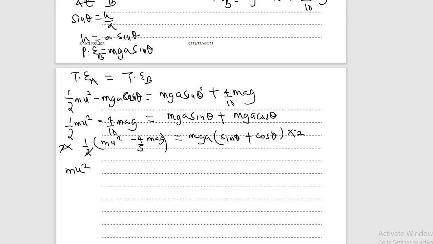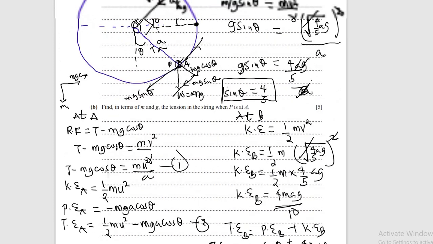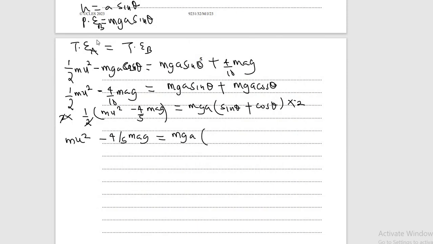We have mu squared minus 4 over 5 mag equal to mga times sine theta plus cos theta. Remember from the first question, we got sine theta as 4 over 5. If sine theta is 4 over 5, cos theta should be 3 over 5, as sine theta is opposite over hypotenuse, and here the adjacent will be 3. Cos theta is 3 over 5.